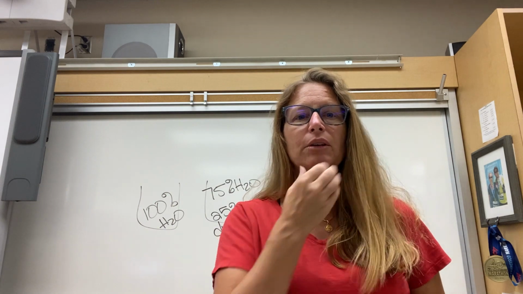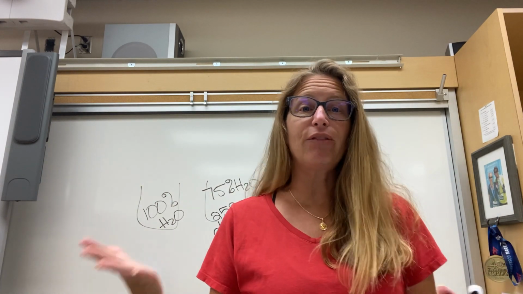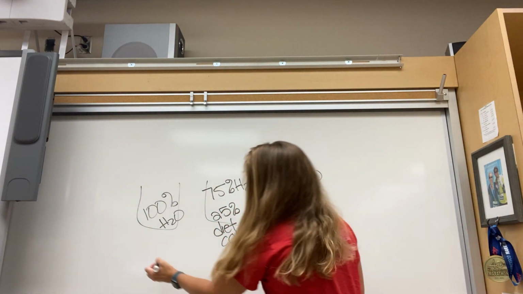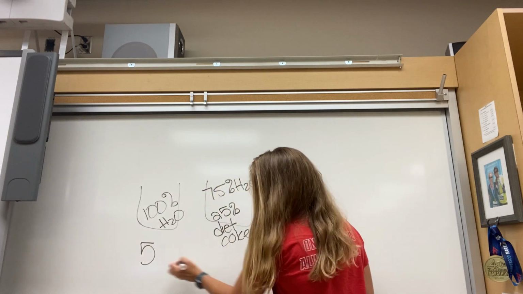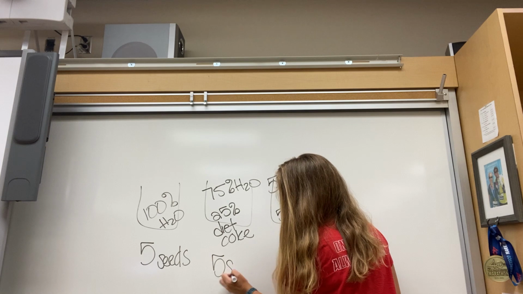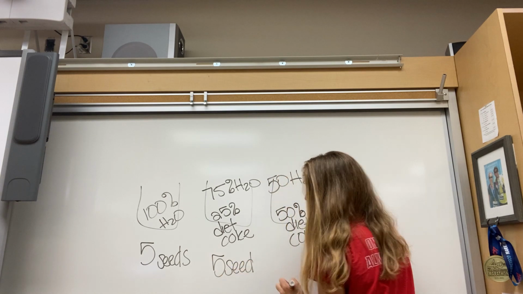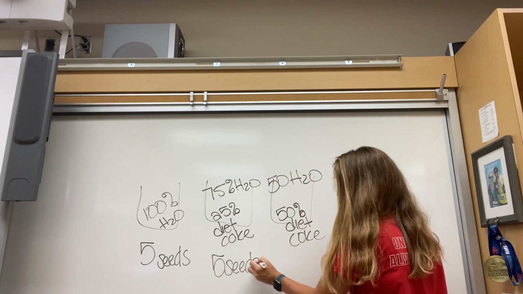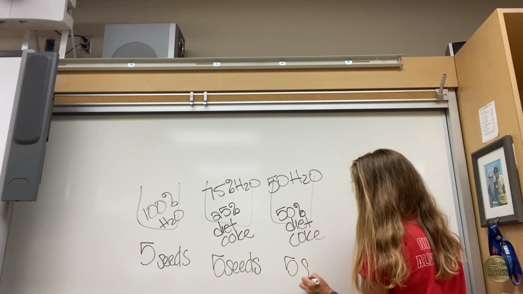So what I'm going to do is take my seeds, and let's say I've got 15 seeds. I'm going to do 5 seeds in pure water, 5 seeds in my 25-75, and 5 seeds in my 50-50.